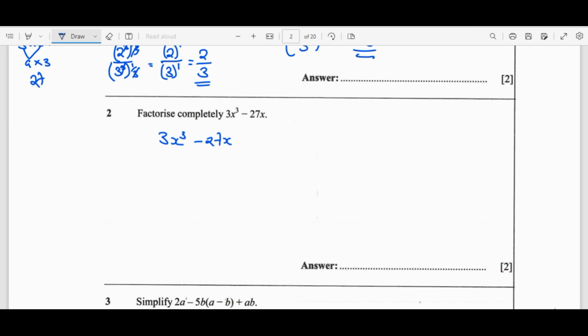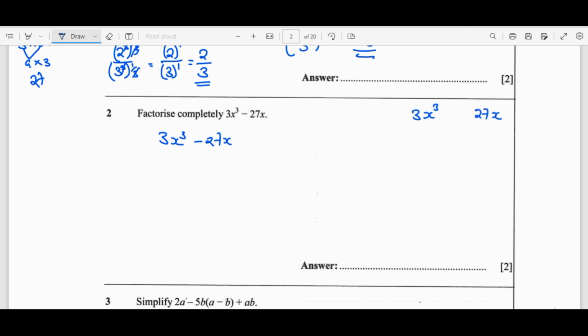In this case, what is common here? What is common between 27 and 3? Obviously, the 3 is common, because 3 into 27 is 9. So what we're going to do is this. We're going to say 3x raised to the power 3, and then also here we have 27x.